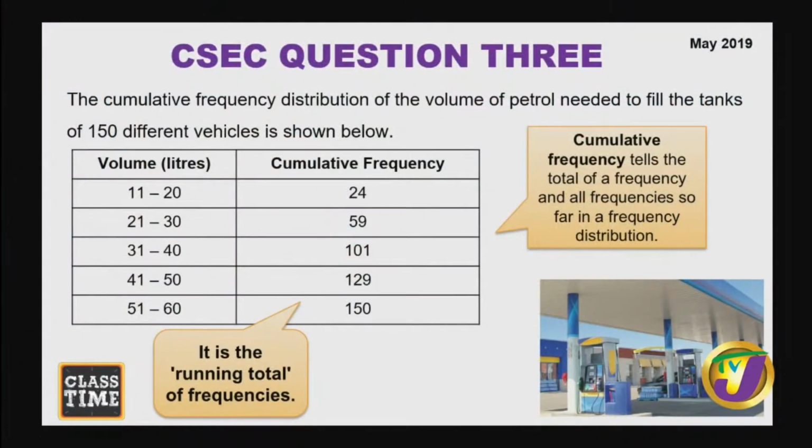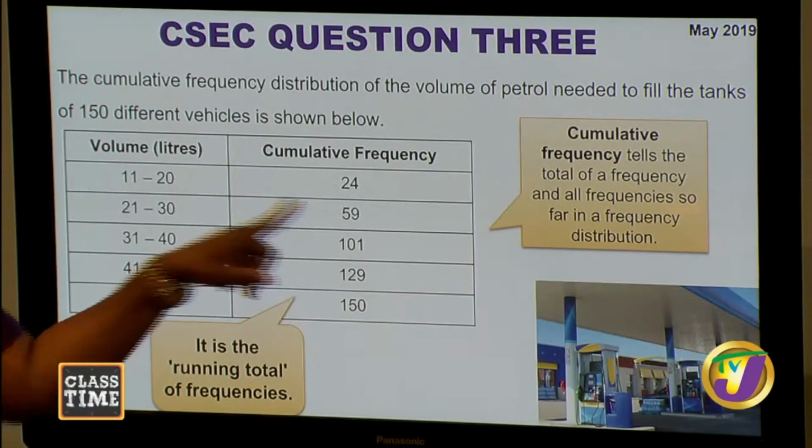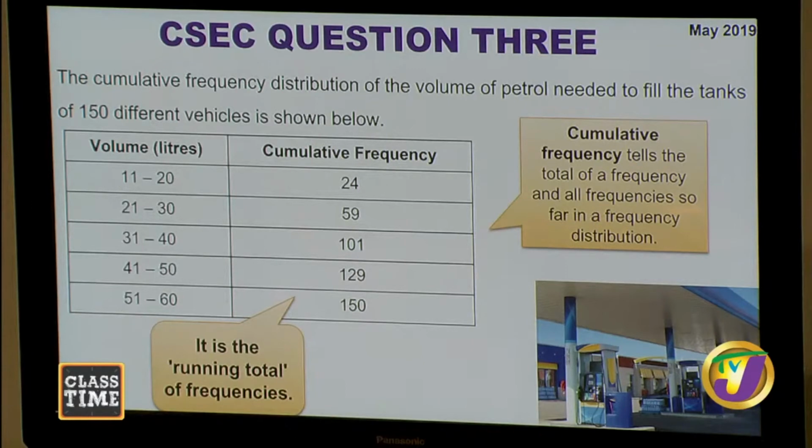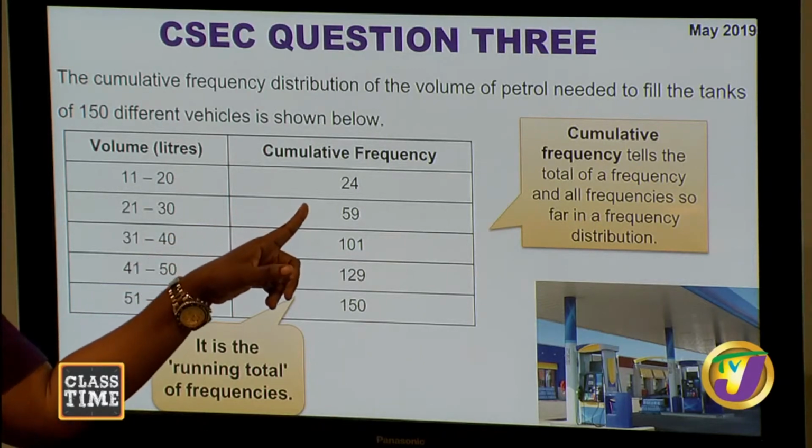So let's ensure that we can interpret this table, Latoya, because failure to correctly interpret this table is going to cause major errors for our students. So let's talk about this 24. We're seeing here that 24 vehicles needed 11 to 20 liters of petrol, correct? Then we're told that 59 vehicles, that's a cumulative frequency now.